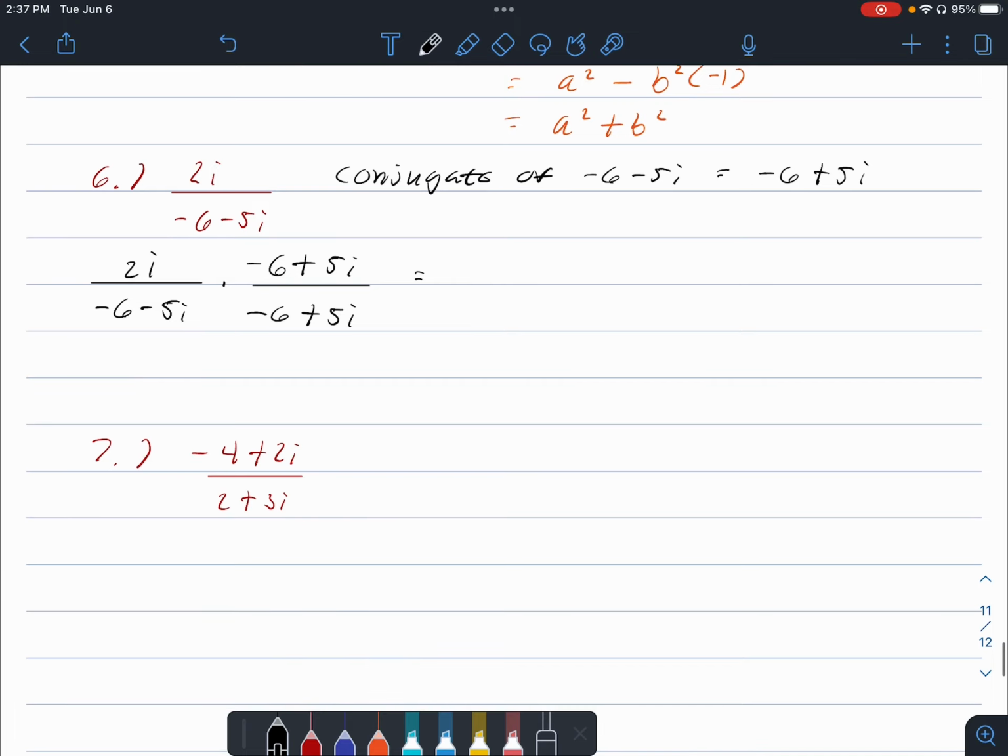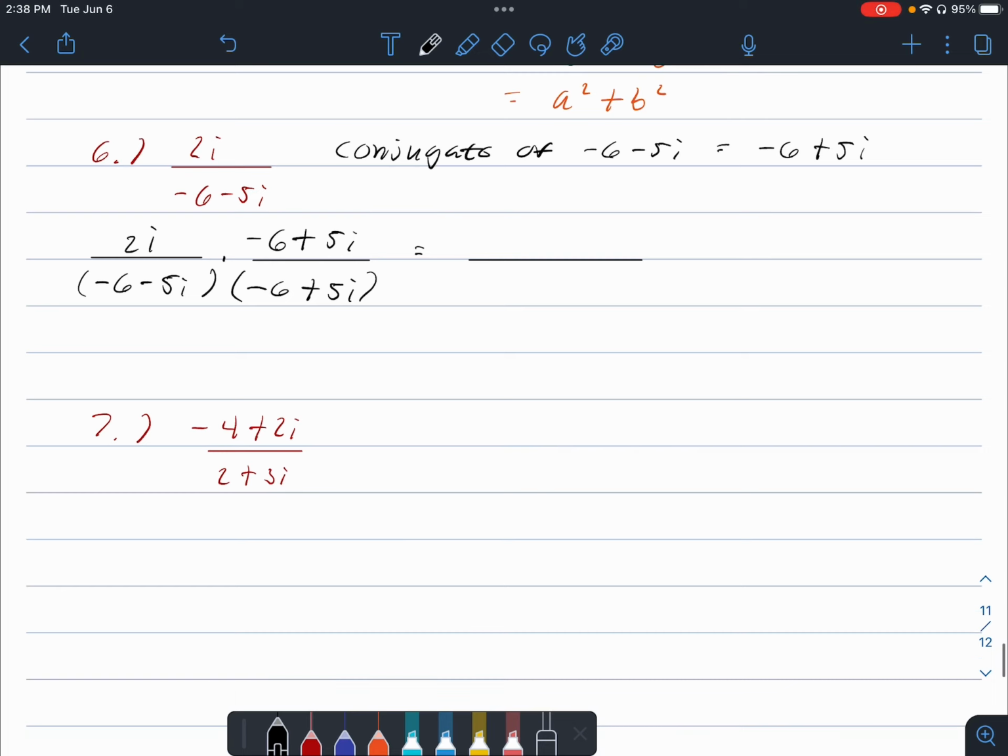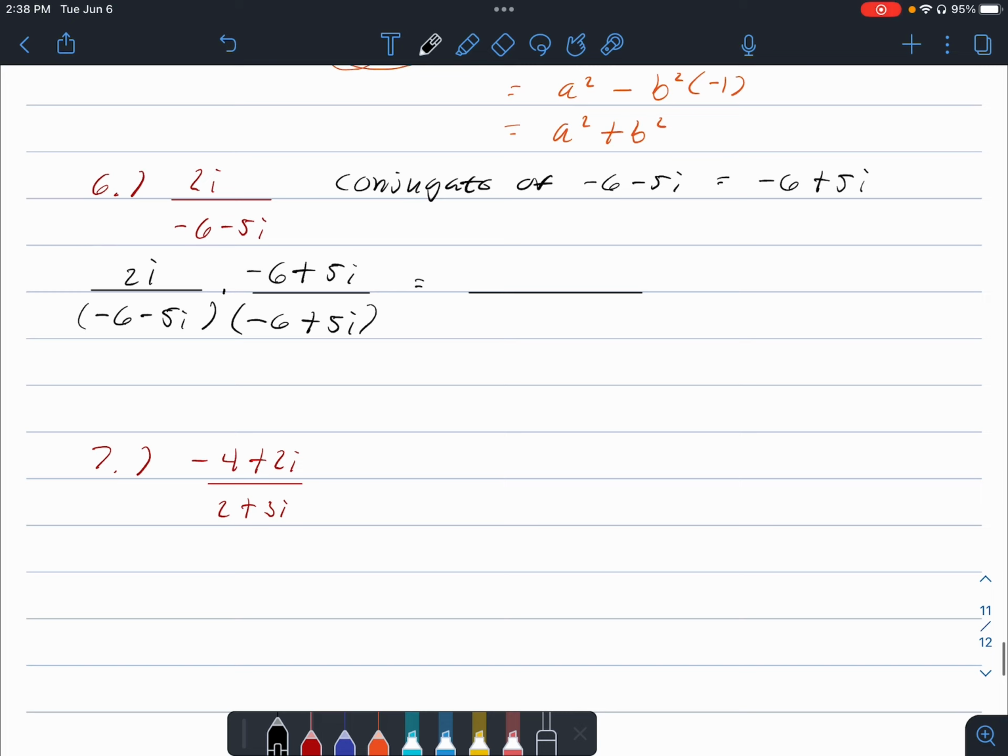And so now we can perform this operation here. So let's deal with the denominators first. Okay. So here we can go ahead and FOIL this. We have negative 6 times negative 6. That'll be 36. Then we have negative 6 times a positive 5i.